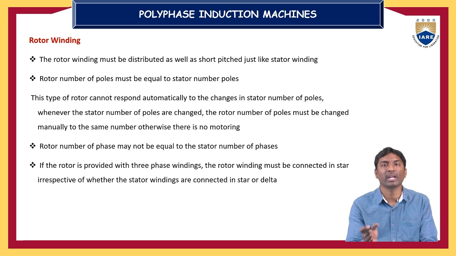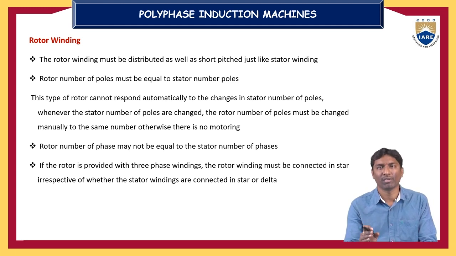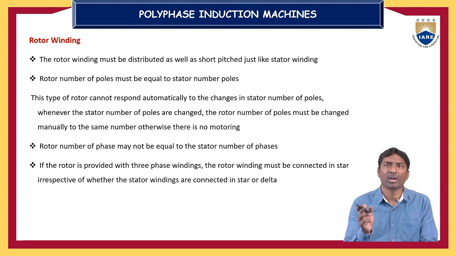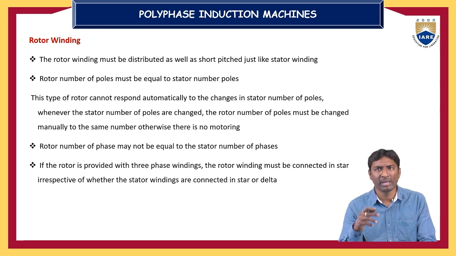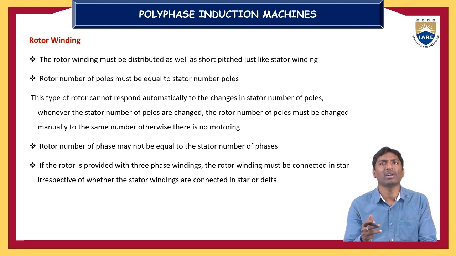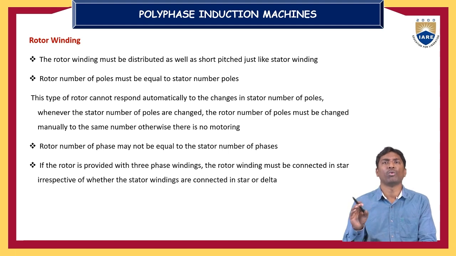In the slip ring induction motor also, the rotor number of poles must be equal to the stator number of poles. This type of rotor cannot respond automatically to changes in the stator number of poles. Whenever the stator number of poles is changed, the rotor number of poles must be changed manually to the same number, otherwise there will be no motoring action.